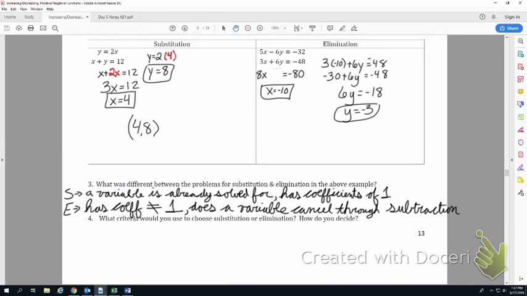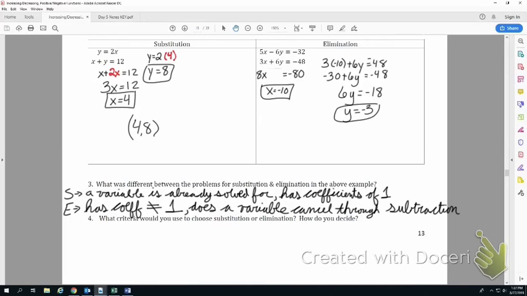So a lot of the answers on this next question is going to come from these answers. You don't necessarily need to write anything down. I'm just going to talk about it a little bit. It says, what criteria would you use to choose substitution or elimination? How do you decide? And eventually you're going to kind of lean one way or the other. And this is one of those things where it's normally about a 50-50 split that people like substitution or elimination.